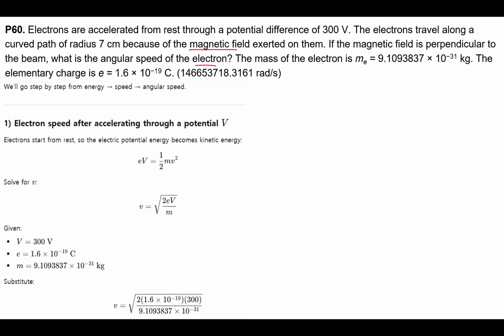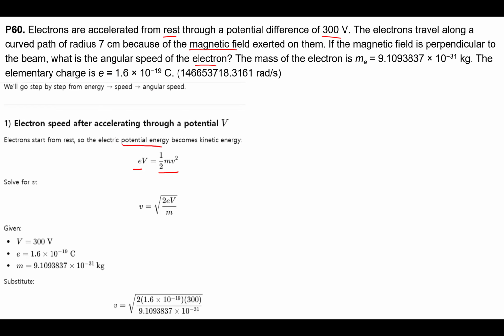So let's start with the velocity first of all. If you look at it, it starts from rest through a potential difference of 300 volts. So this is the potential energy, and then this is the kinetic energy.